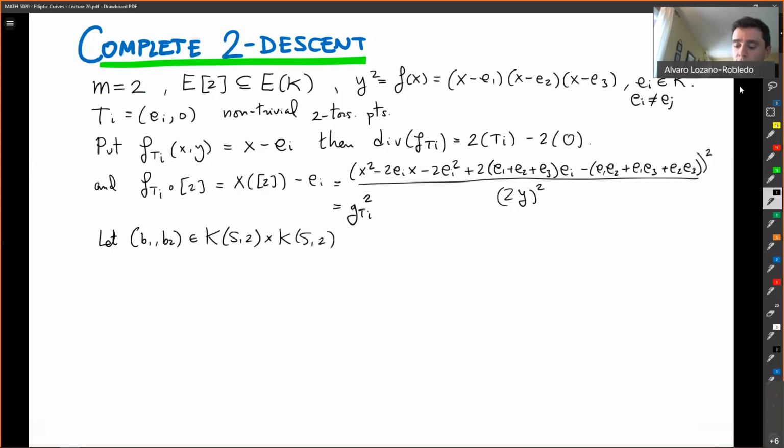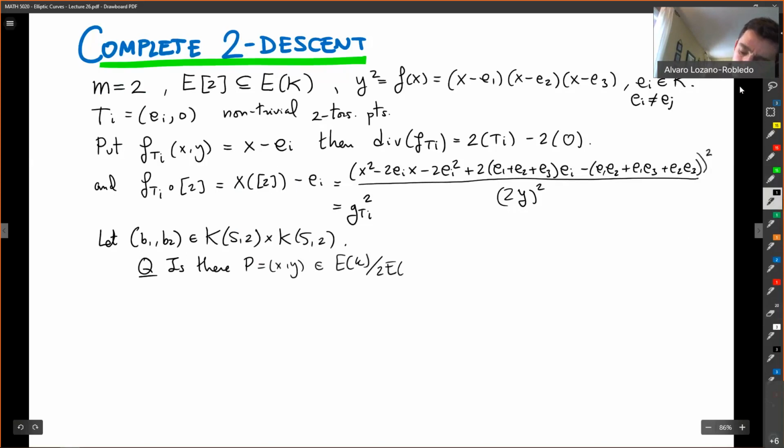So what we want, the question here, is there a point P, which I'm going to give coordinates already with (x, y), in E(K) modulo 2E(K) such that b_P(T1) is b1 and b_P(T2) is b2.